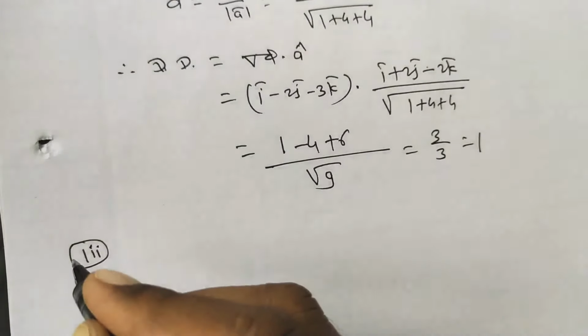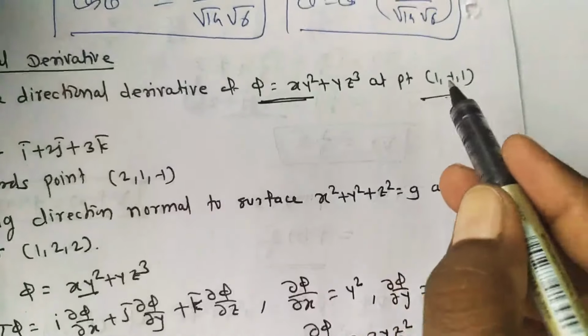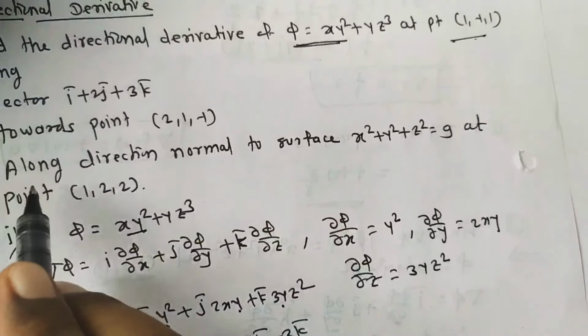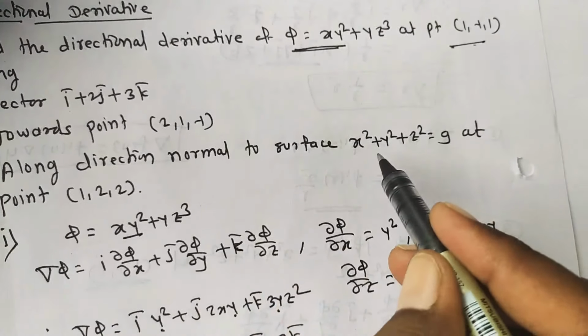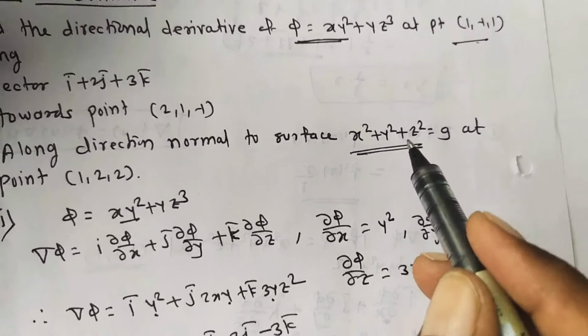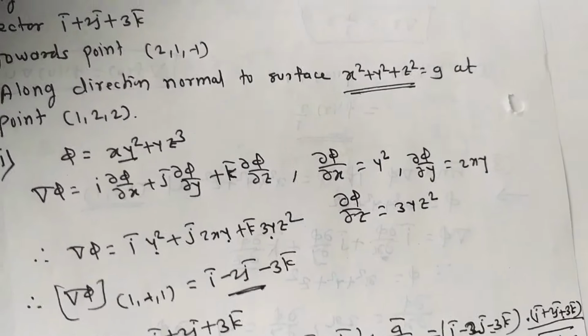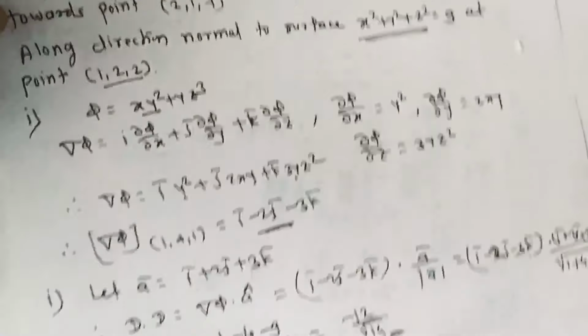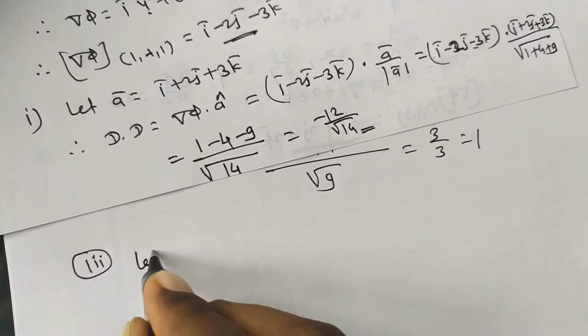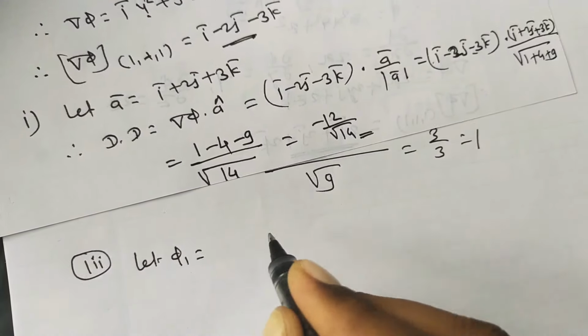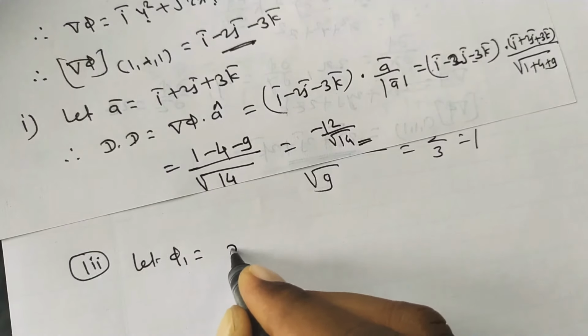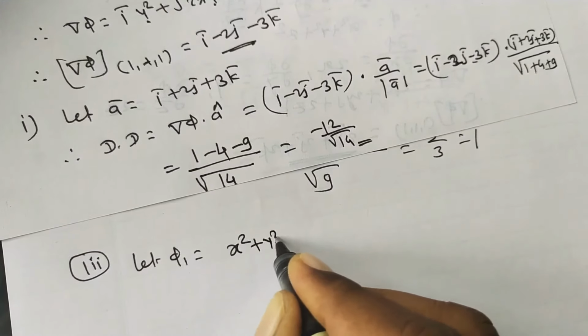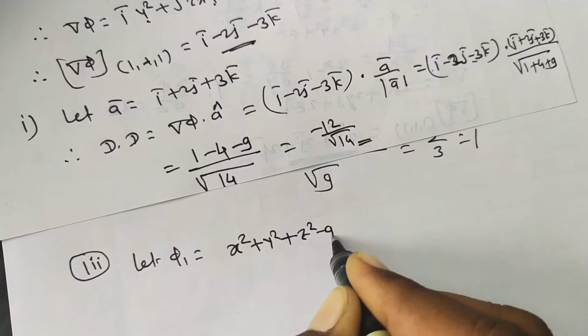Okay, then the third one: we have to find the directional derivative of phi at point 1, minus 1, 1 along the direction normal to the surface given as x square plus y square plus z square equal to 9 at point 1, 2, 2. So we first assume this surface is phi 1, because phi is already used. Take phi 1 equal to x square plus y square plus z square minus 9.